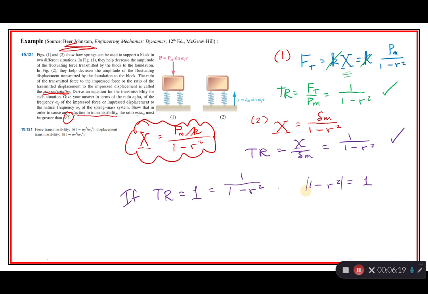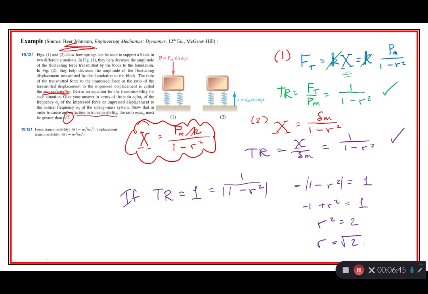The other option is to make that negative. The absolute value means it's plus or minus, and therefore what you have is minus 1 plus r squared equals 1. So r squared is equal to 2, so r must be equal to the square root of 2.